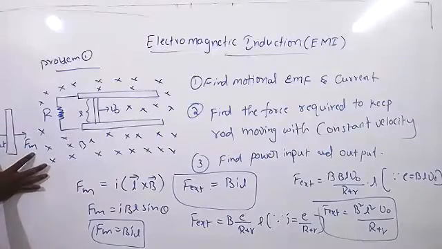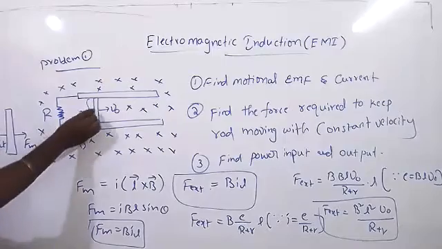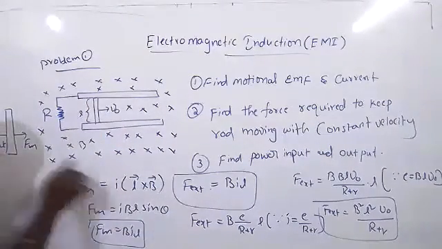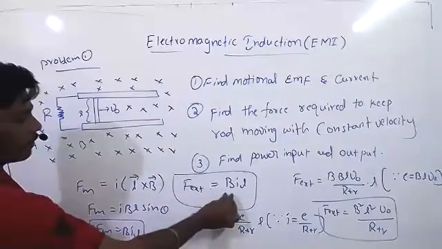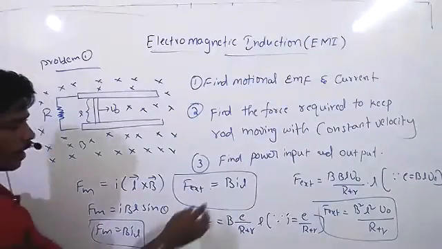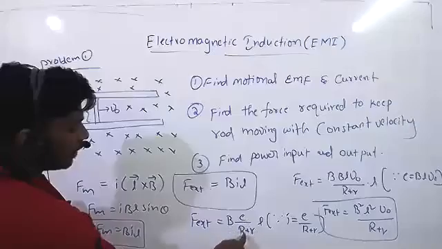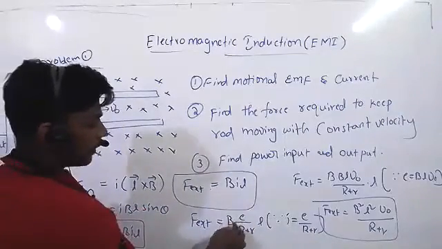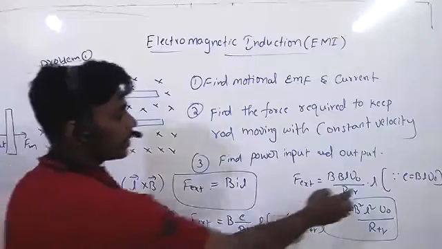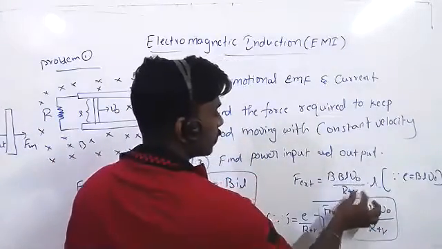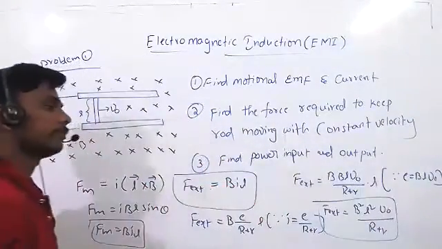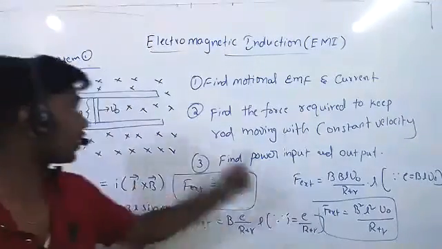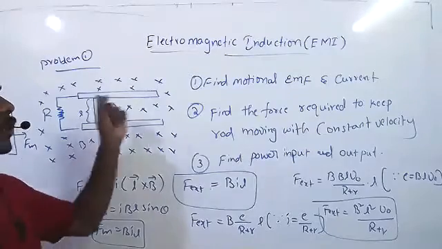If these two forces are equal, then the rod will move with constant velocity. So F external is equal to BIL, which is nothing but Fm. After we calculated I as E by R plus r into L, we substituted it here. E is equal to BLV naught, again substituted, so you got this formula. That is the F external, that much force is acting on the rod so that it moves with constant velocity.